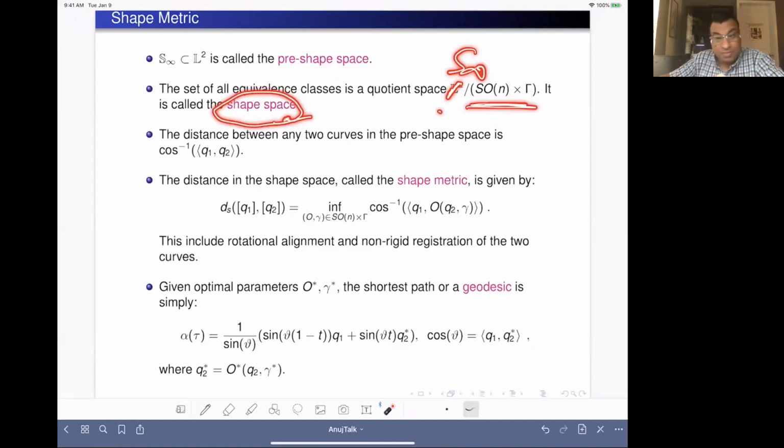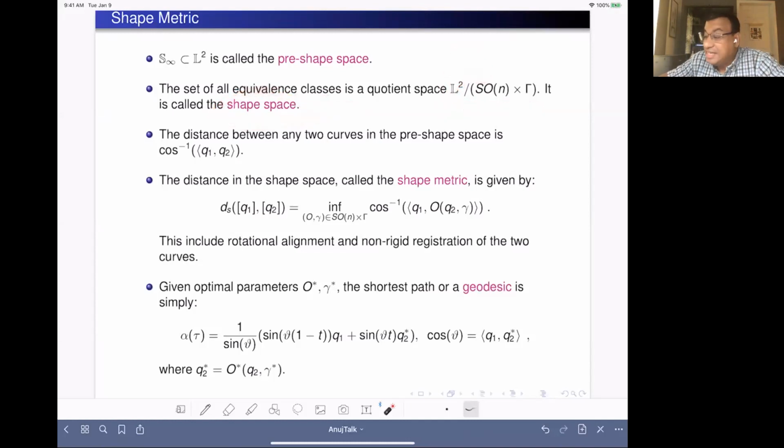It's a proper space, with a lot of nice mathematical properties, and we can show that any two curves which have exactly the same shape, they may differ in rotation, they may differ in translation, they may differ in parameterization, but if they have the same shape, they map to the exact same orbit in this space.